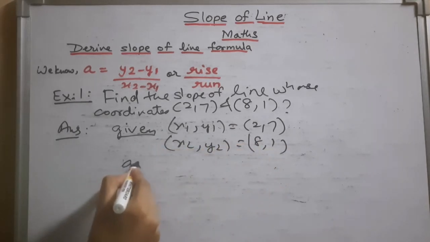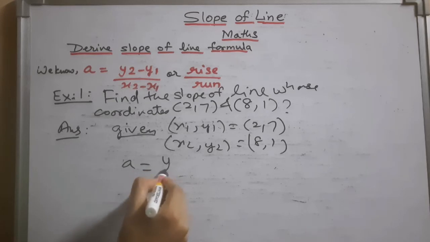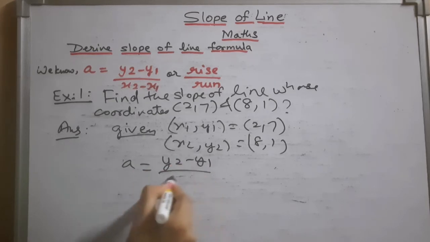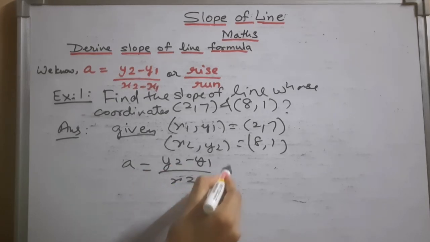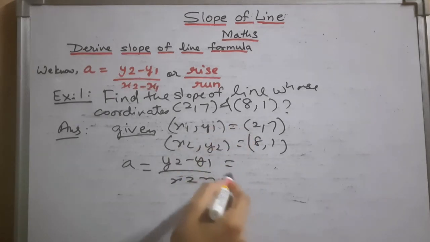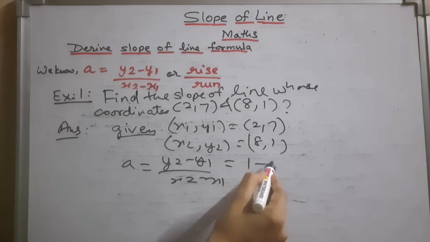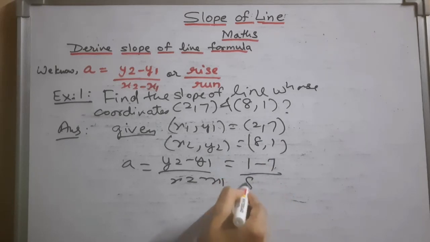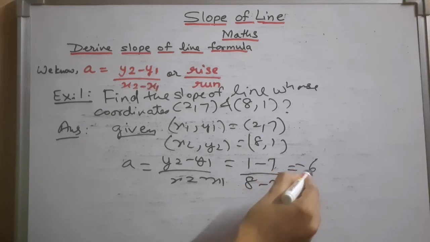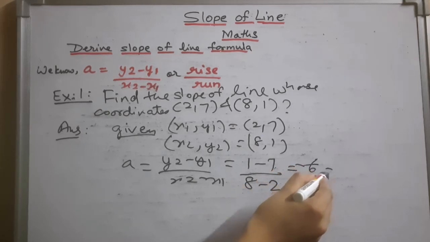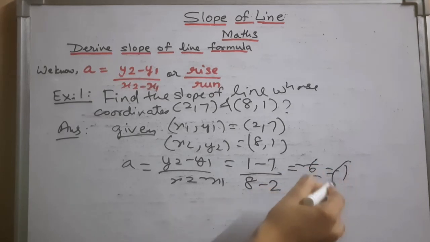So applying this formula, A is equal to y2 minus y1 by x2 minus x1. Putting these values in this formula, we have 1 minus 7 by 8 minus 2, that will be minus 6 upon 6 equal to minus 1. So this is our answer.